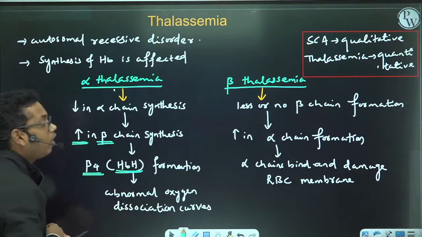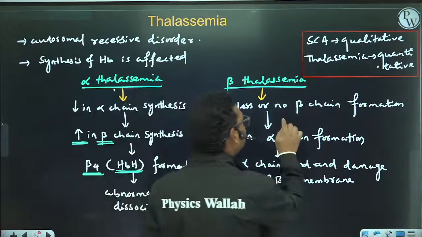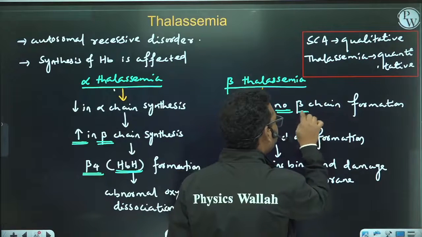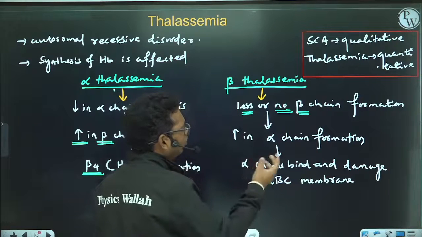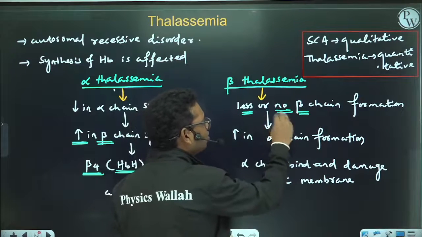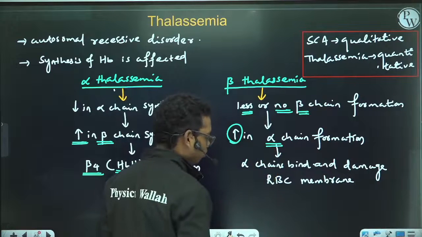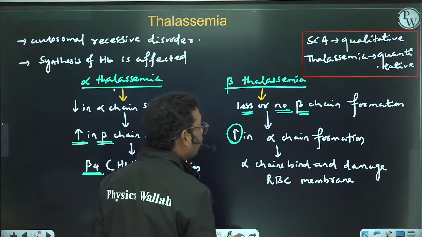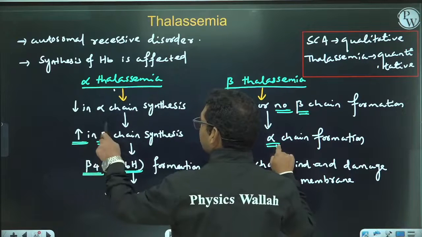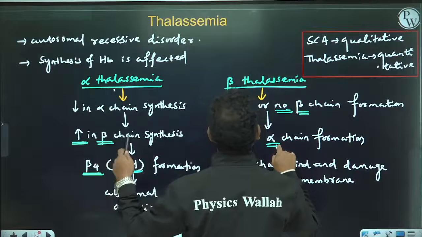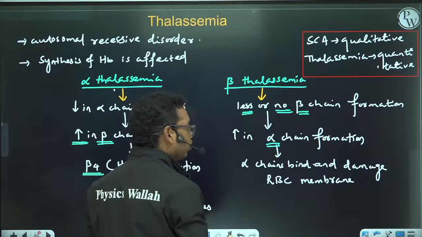curve. And in case of beta thalassemia, there is either no synthesis of beta chain or less synthesis of beta chain. And whether there is no or less synthesis of beta chain, there will be increase in the alpha chain synthesis. In alpha thalassemia, there is more synthesis of beta chain. In beta thalassemia, there is more synthesis of alpha chain.